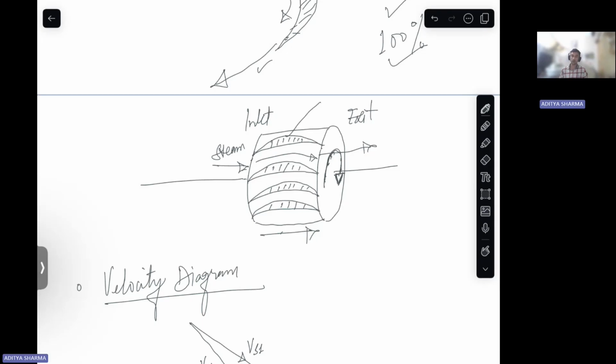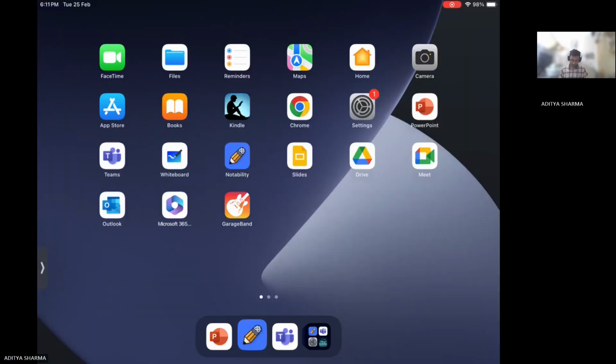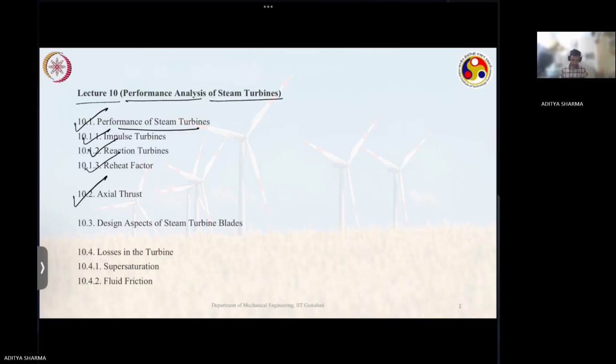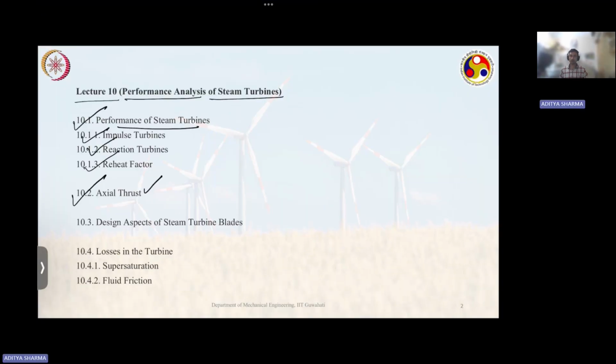We want the rotor to remain at its place, otherwise it will create wear and tear in the turbine. So this is your axial thrust, and we try to avoid it.